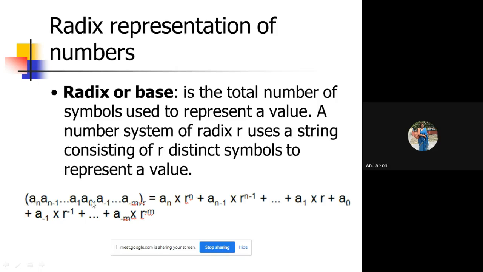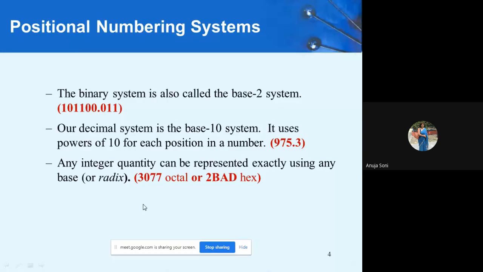The dot is the decimal point. And to the right hand side, regarding the fractional part, these are represented as A minus 1, A minus 2, and A minus M, having a base R. These are only the notations. For example, this is the number written in front of us.